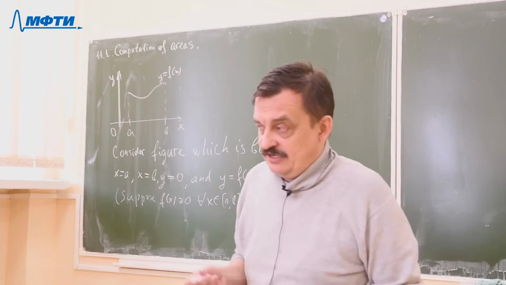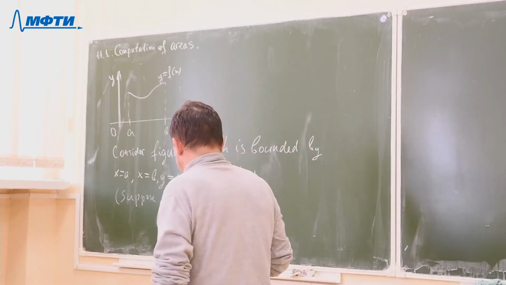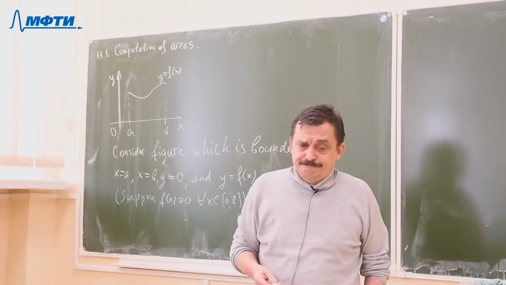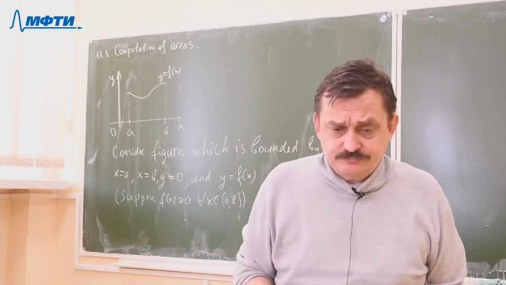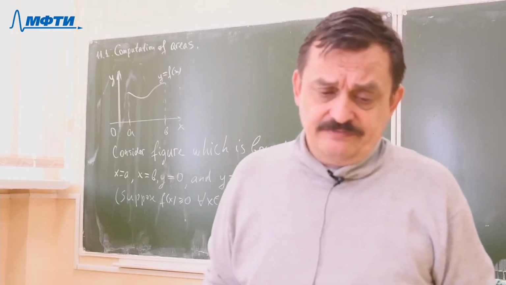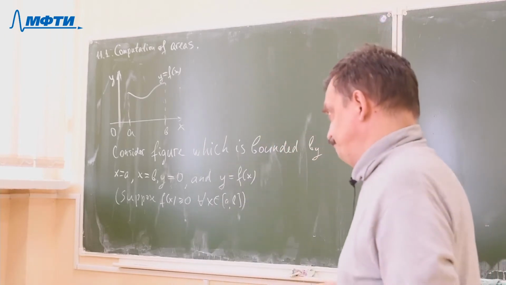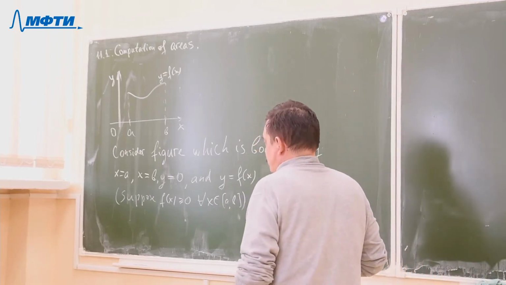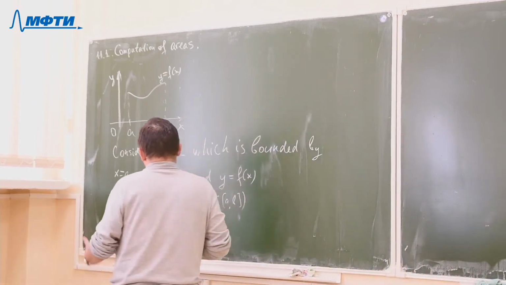In fact, area is a particular case of Jordan measure. But as a preparatory thing, we can accept for a while what area is.